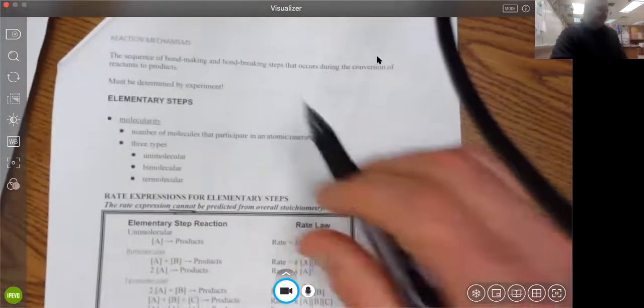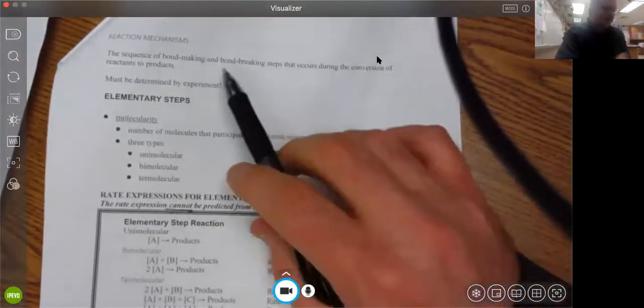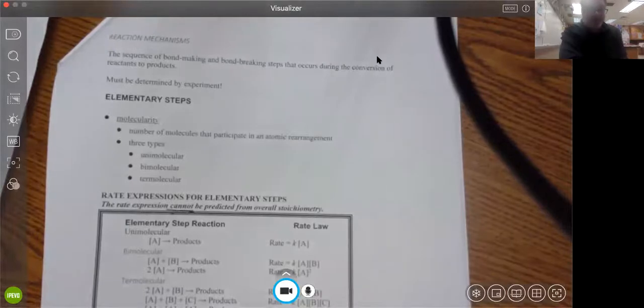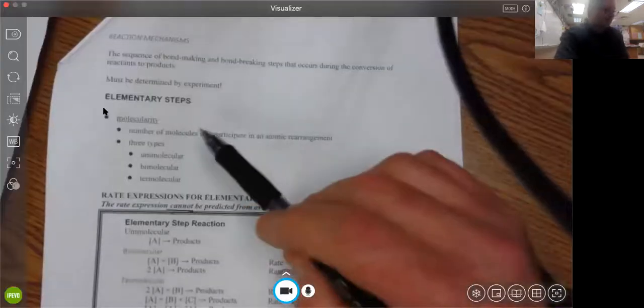All right, reaction mechanisms. A lot of times we look at a reaction and see reactants form products. In reality, sometimes there's multiple steps for this. Sometimes there are multiple pathways, and there's something we call intermediates.